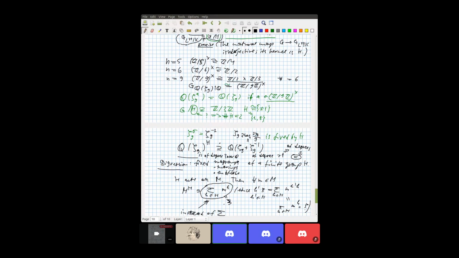So this here is an equality because they are of the same degree over Q.